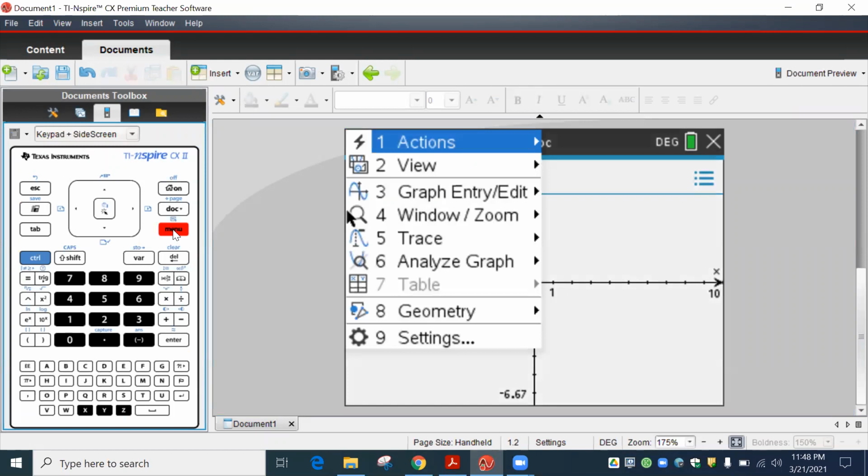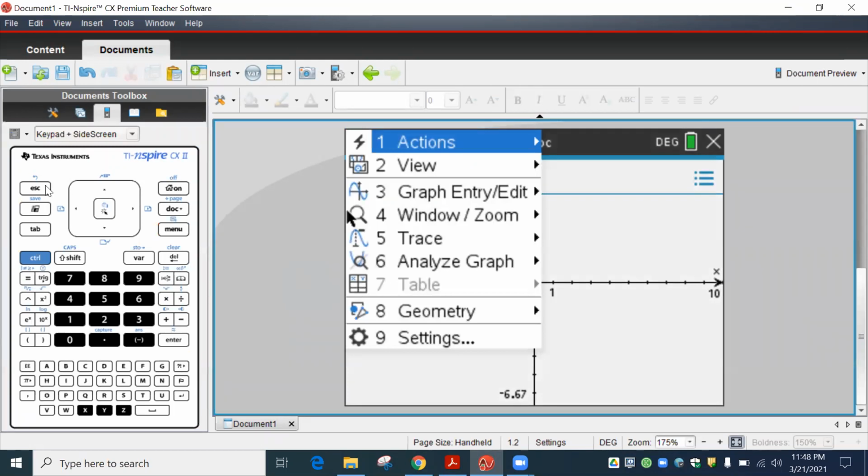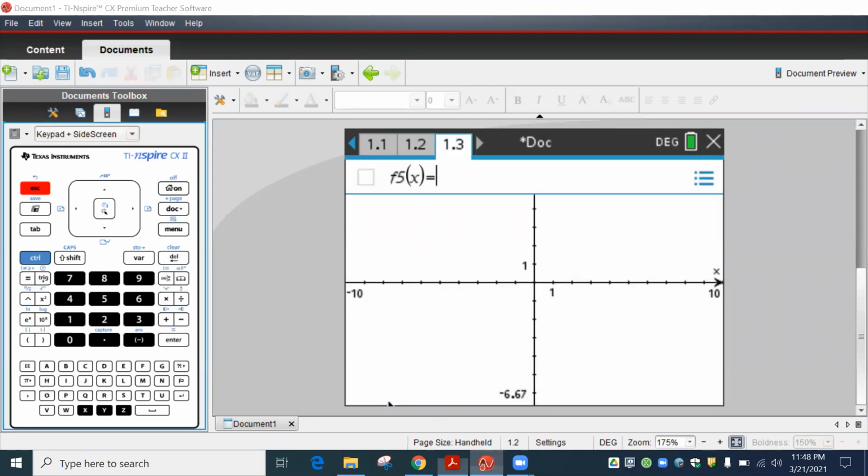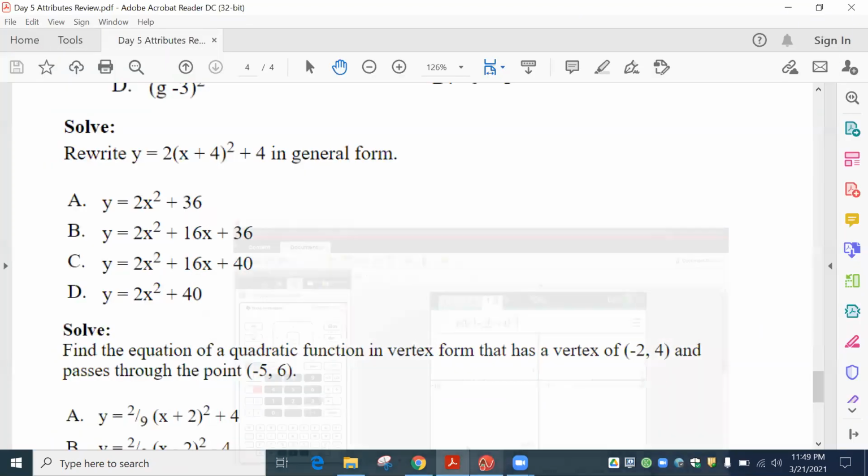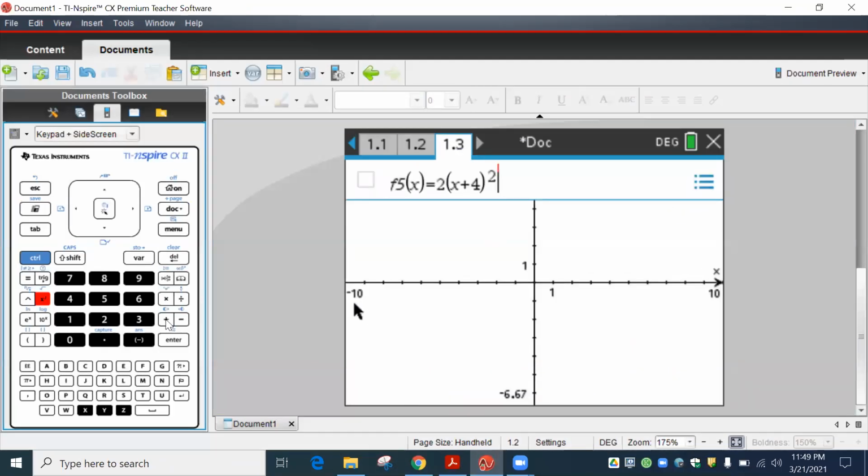So we're going to type in this first thing, 2 parentheses, x plus 4 squared plus 4. So you always type in these situations the original problem. So that's the original problem in green.